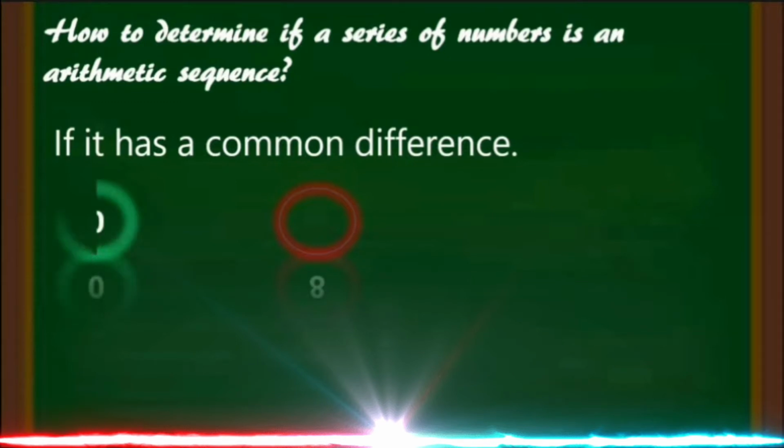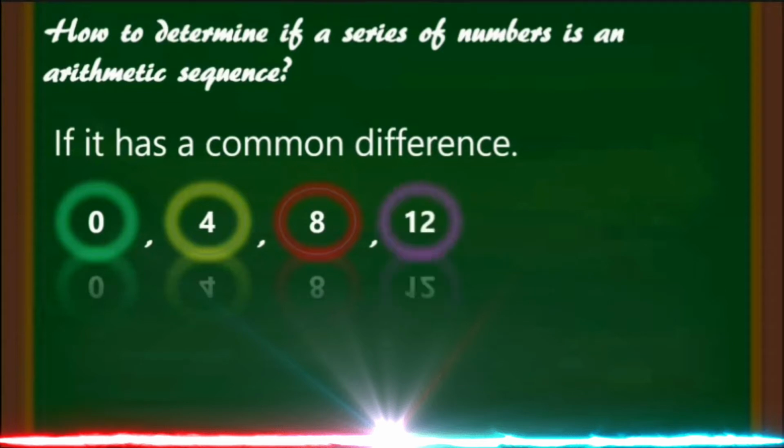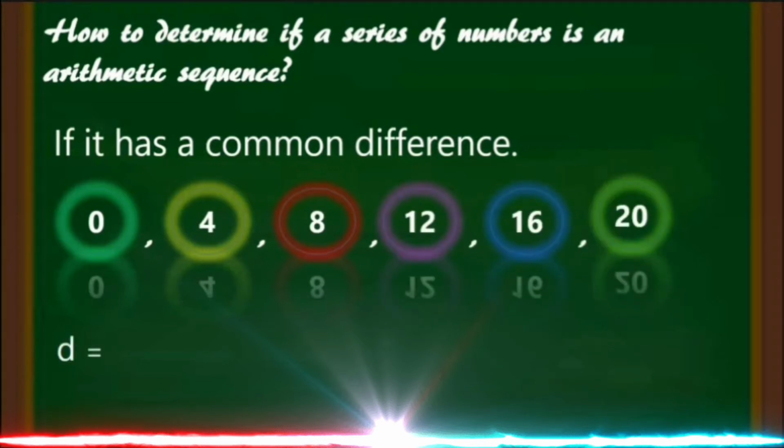In our arithmetic sequence 0, 4, 8, 12, 16, and 20, the common difference is: first, d is equal to 4 minus 0, which is 4.